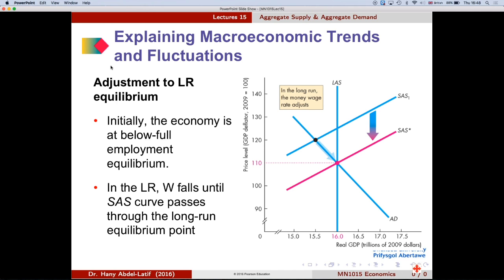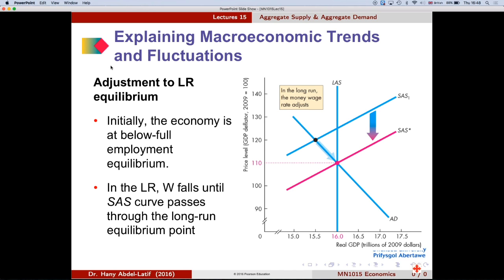And what happened in this situation, you will see that the money wage rate, and as I said, the money wage rate affects the short run aggregate supply. So the money wage rate will fall, and this will shift the short run aggregate supply curve to the right until we come to this point.